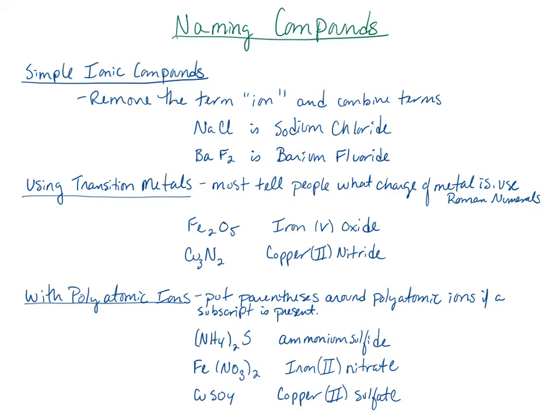When you have a simple ionic compound where you have two elements that have come together and they're ionic, you just name the first guy, so sodium, and then you take this and you said that would be the chloride ion. You just take off the word ion, so it becomes sodium chloride. BaF2 would be barium fluoride. So those aren't too bad.